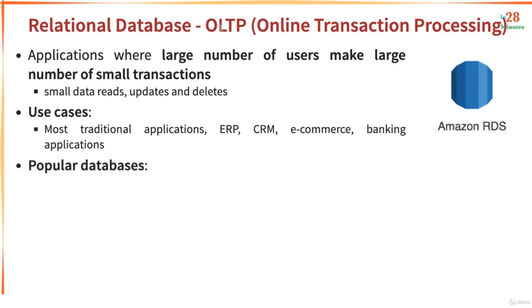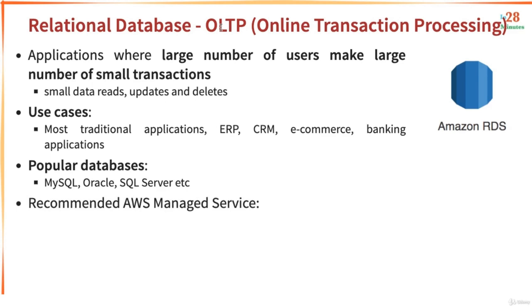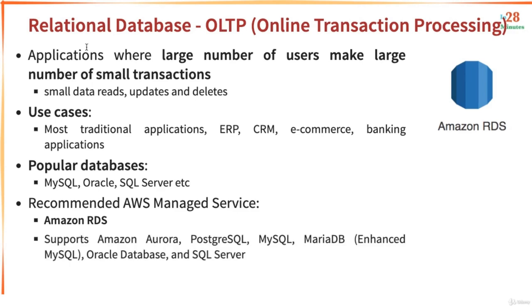The popular options for these databases are MySQL, Oracle, SQL Server, etc. And when it comes to AWS, the recommended AWS managed service is Amazon RDS. Amazon RDS supports a variety of relational databases. It supports Amazon Aurora, which is an Amazon customized version based on PostgreSQL and MySQL.